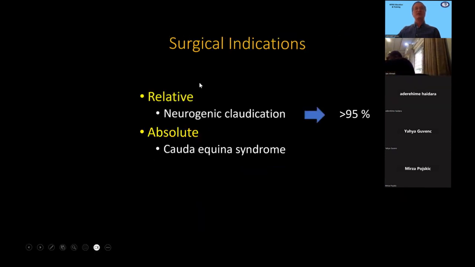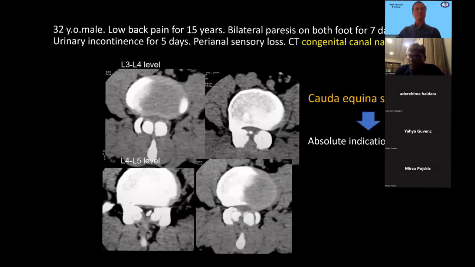The surgical indications are mostly relative. These are neurogenic claudication only, in more than 95% of the patients. Absolute indications may be cauda equina syndrome or major motor deficits, which are quite uncommon in lumbar spinal stenosis.